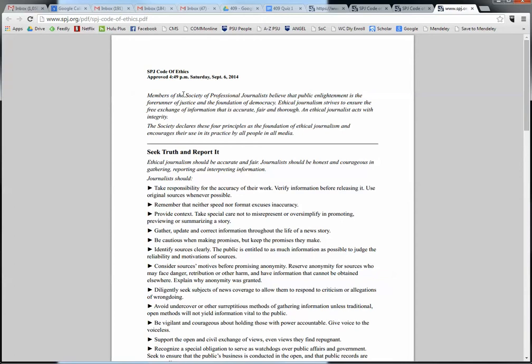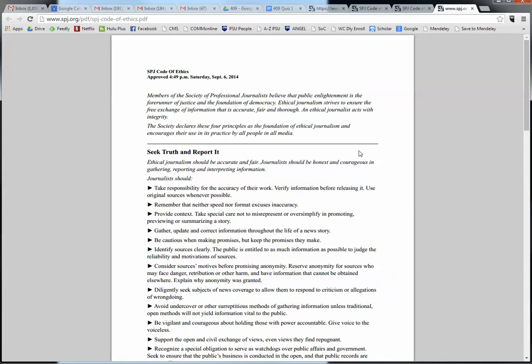So if we're talking about a broadcast news story, for example, you might want to look at the RTDNA code of ethics. That's the radio, TV, news broadcast code of ethics. And that code of ethics is much more particular to what TV news people need to think about. So just an FYI on that.